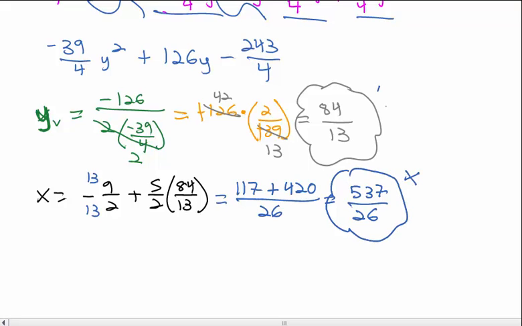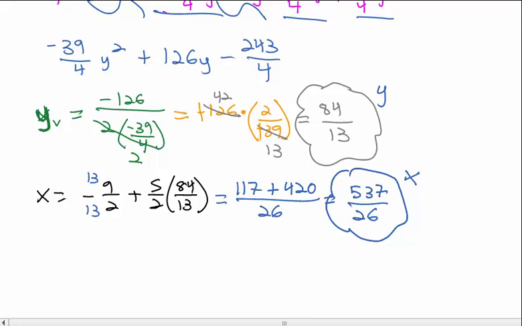So that's the x, and that's the y that will minimize this function. So the algebra got ugly, but the process was still the same simple process.